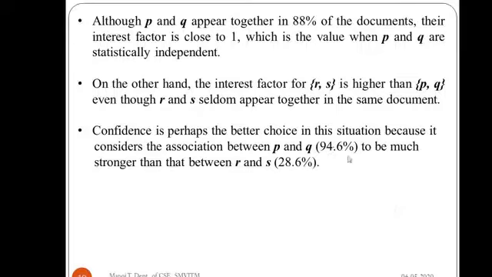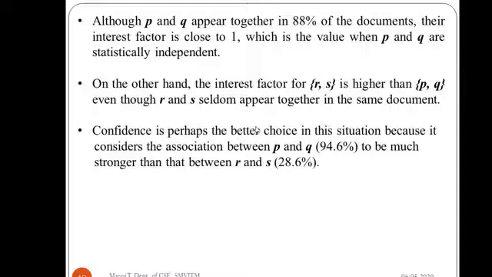So the two words that appear frequently and are strongly associated have higher confidence compared to the pair of words which is not frequent. In this example, confidence gives a better result as a measure compared to the interest factor. This is the limitation of the interest factor.